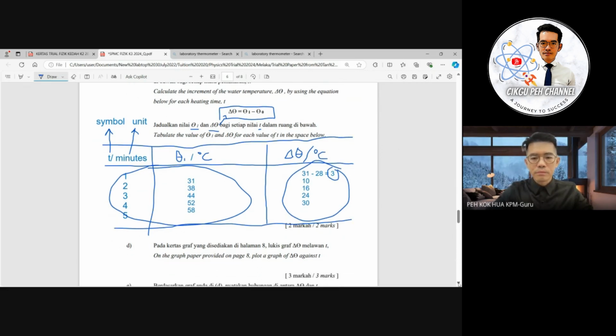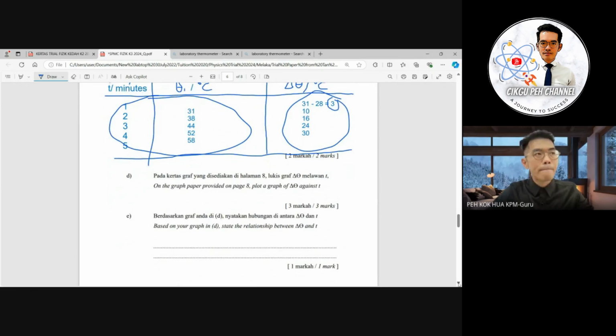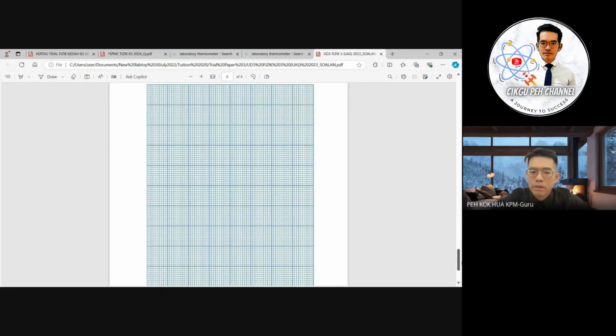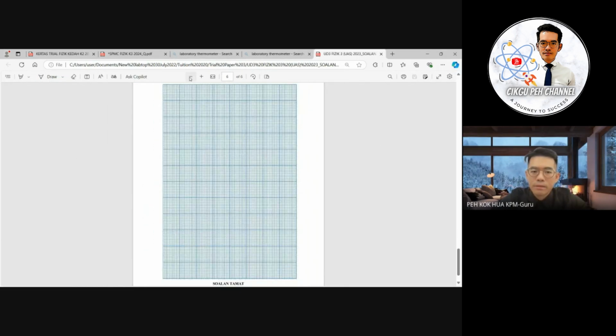Okay, then here you have to plot the graph. Example I use, open another graph paper. So you have to draw by using ruler. Okay, so here label.